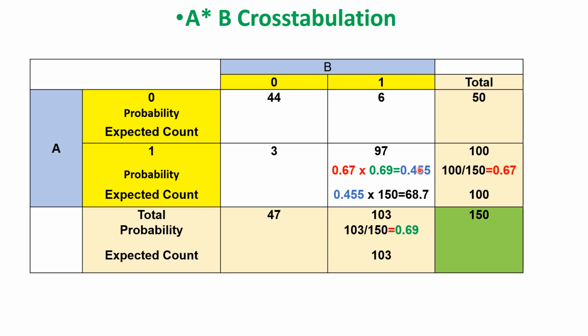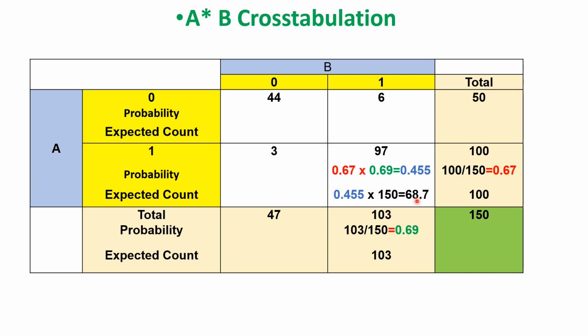Now this is in terms of percentage. So I require the expected count by considering the marginal probability. Whatever marginal probability I got should be multiplied by the total count, that is 150. So 150 into 0.455 will be 68.7. So 68, not 7%, it is an expected count, that is a number.